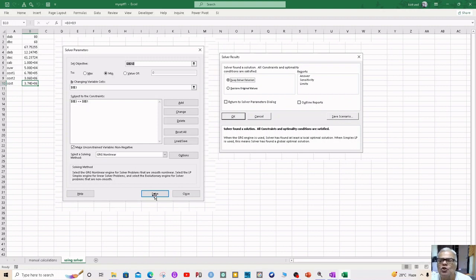And when I click on solve, I get this solution, and the solution will appear here. It says that take it up to 67.75 to get point E along the bank.